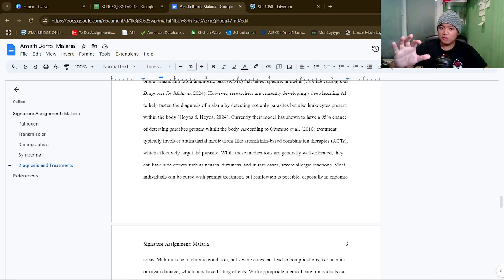With sickle cell anemia, it turns the red blood cells into more of a C shape or sickle shape, as the name suggests, preventing the malarial parasites from binding to the red blood cells and destroying them. For sickle cell anemia treatment, in most cases you can obtain a blood transfusion to help increase the amount of regular red blood cells while still having the sickle-shaped red blood cells present in the body.